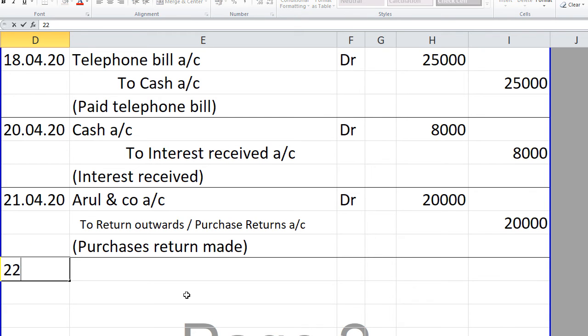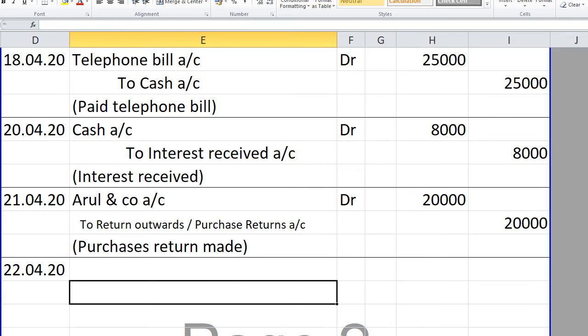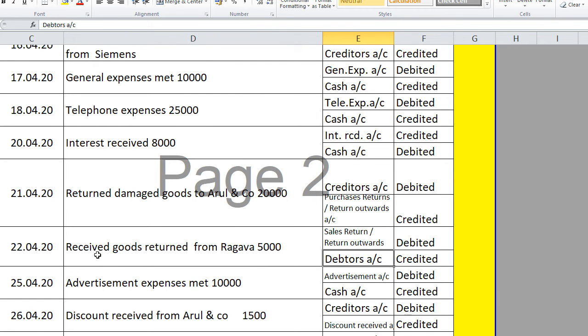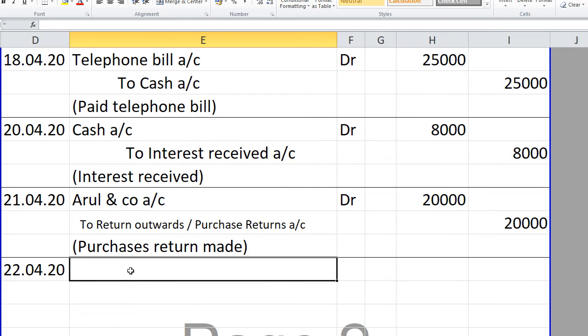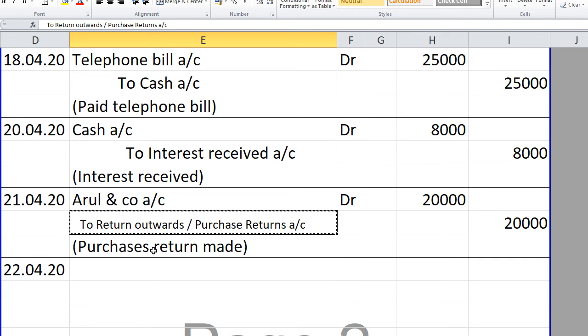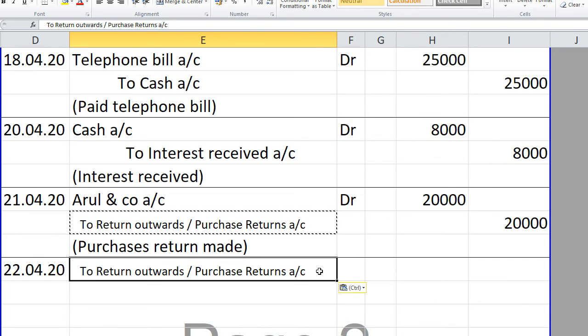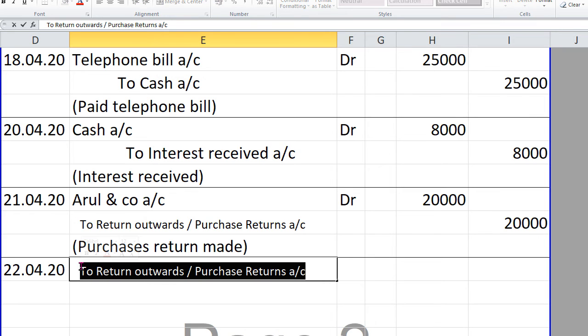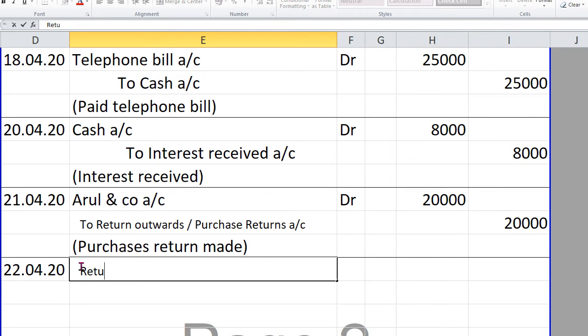Next, 22 4 20. Am I writing the correct date? Of course. So here, since the space is very little, you can write either return inwards or sales returns account.